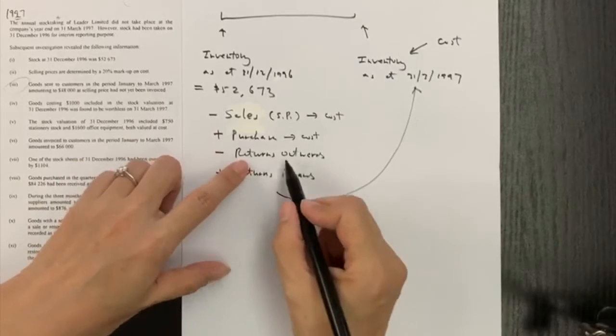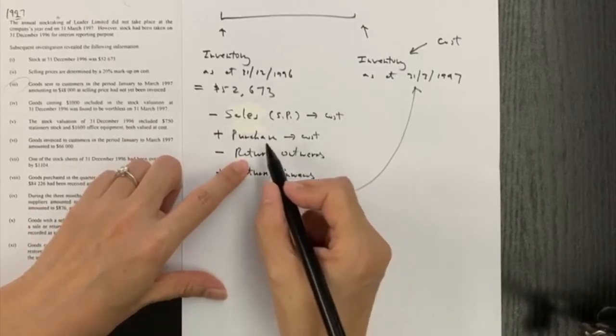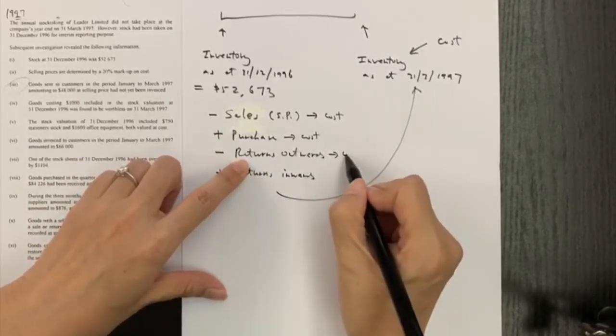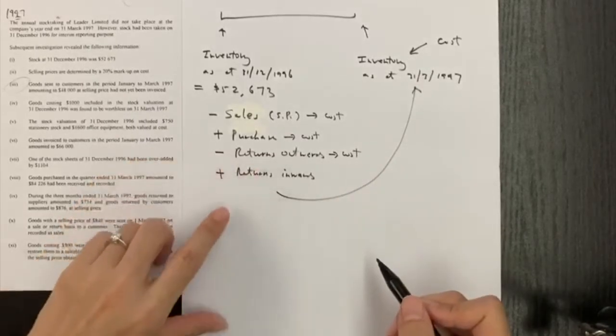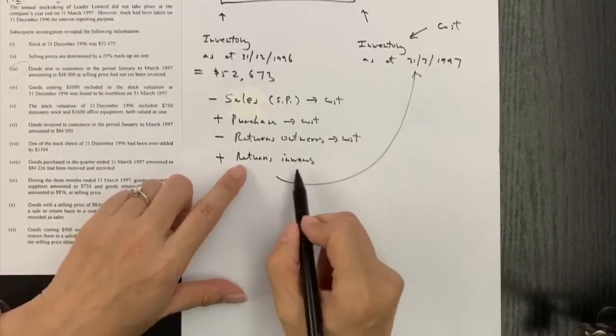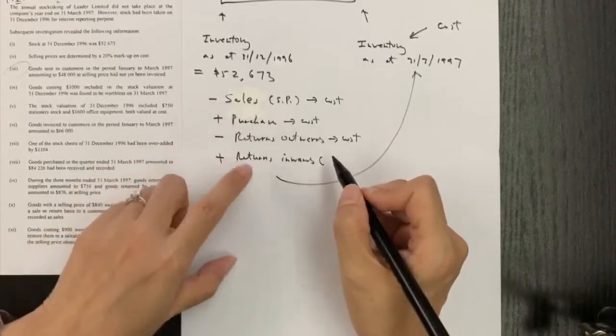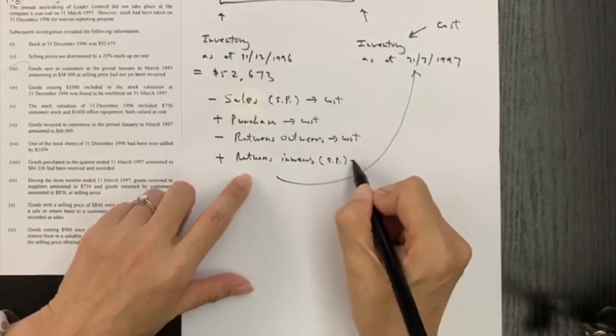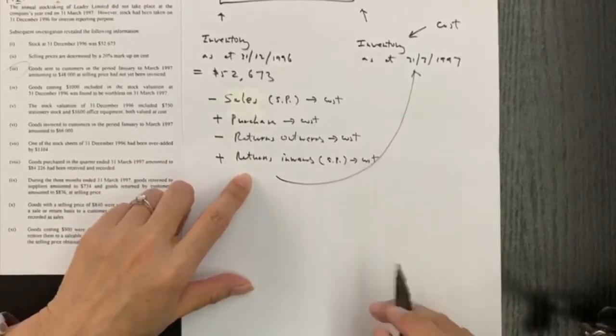Returns outwards, being opposite to purchases, are also at cost. Returns inwards, opposite to sales, are at selling price, so we need to change that back to cost.